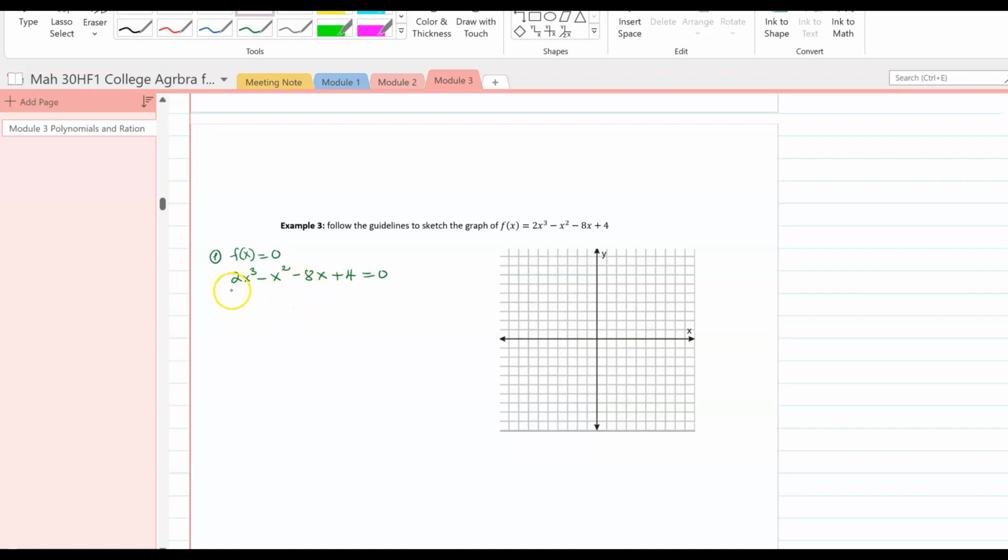Let's factor by grouping. So this means x squared minus 4 equals 0, so x equals plus or minus 2. 2x minus 1 equals 0, so x equals 1/2. So these are our x-intercepts.